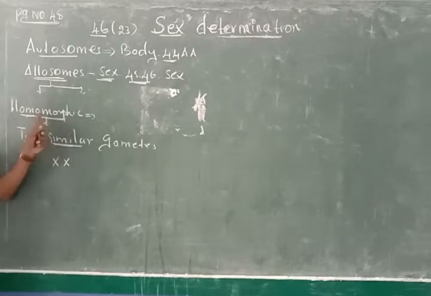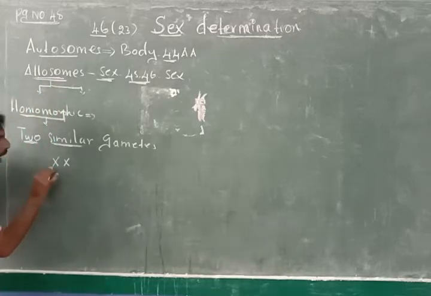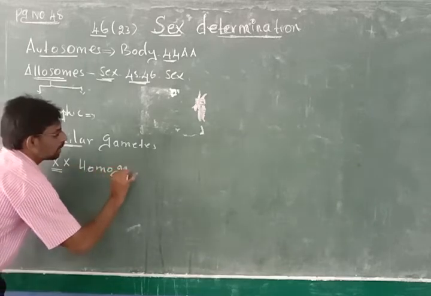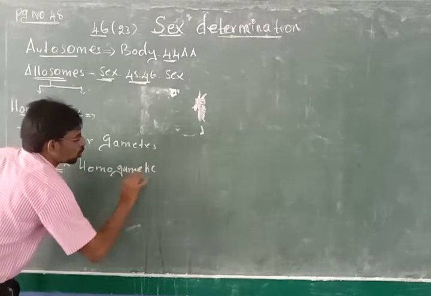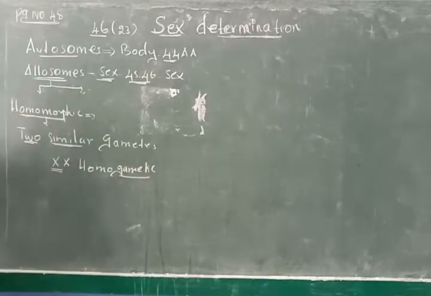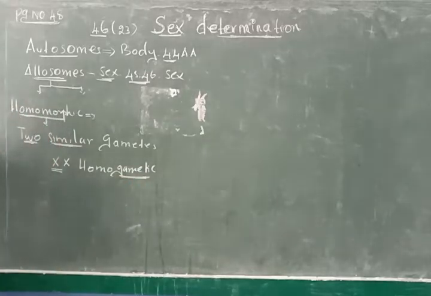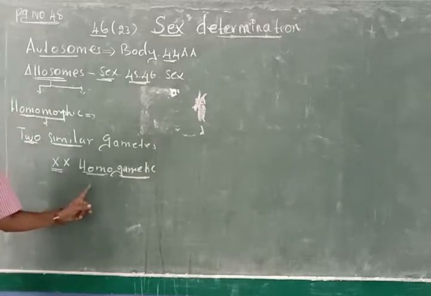So this kind of sex chromosome is called homomorphic, and this one is called homogametic. Gametic in the sense that sex chromosomes form gametes. So now these two X chromosomes are similar, so it is called homogametic. So always homomorphic sex chromosomes will give rise to homogametic.